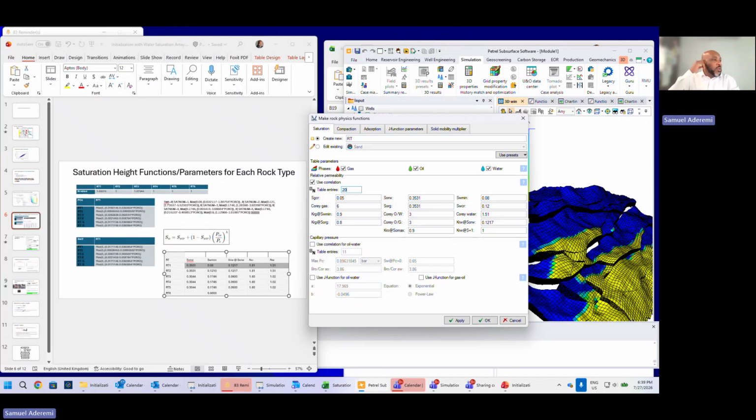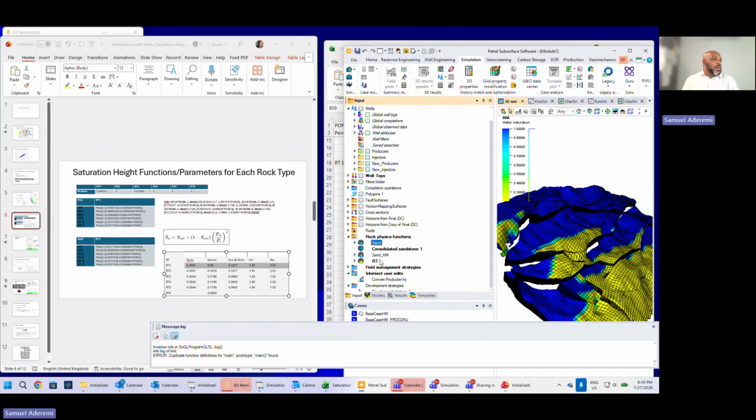For instance, you can say 20. And if you do that, on the capillary pressure, you might choose not to use capillary pressure from the correlations, because we're going to calculate it and copy it back into Petrel. So once you do that, the rock type 1 is already generated.